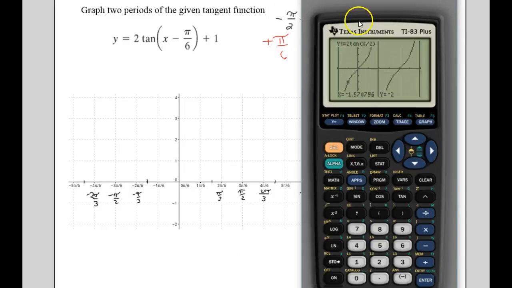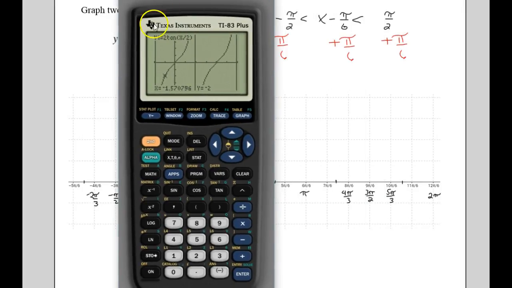Now remember, with your calculator, if you're doing this, it's easiest to leave off pi. It's also fine if you just do this by hand. So negative a half plus pi over 6, I'm going to add 1 over 6, and then math into a fraction.